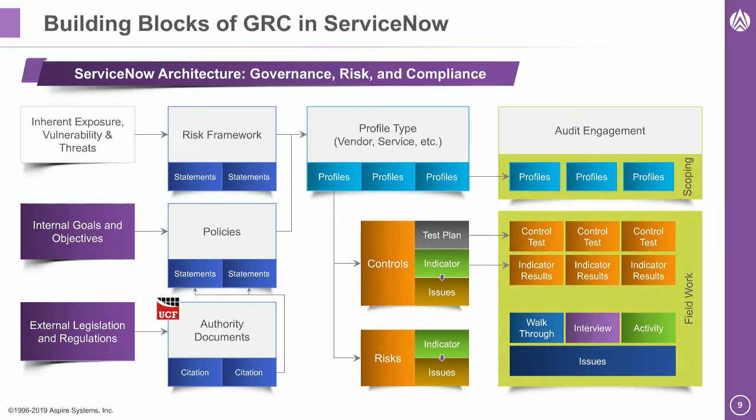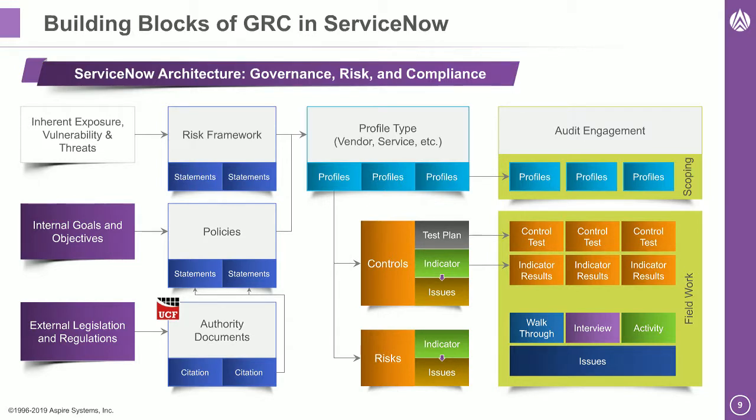Now we talked about the access control policy, and under the access control policy we have multiple policy statements like information access restriction, secure logon procedures, password management, use of privileged utility programs.